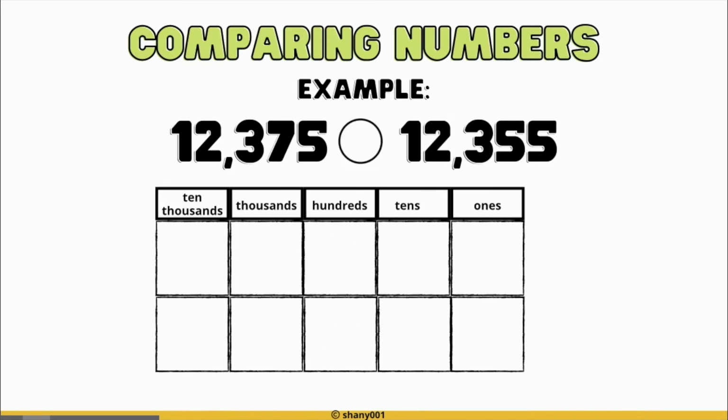Let's do a bigger number. We have 12,375, 12,355. The first step is to plug the numbers on a place value chart.